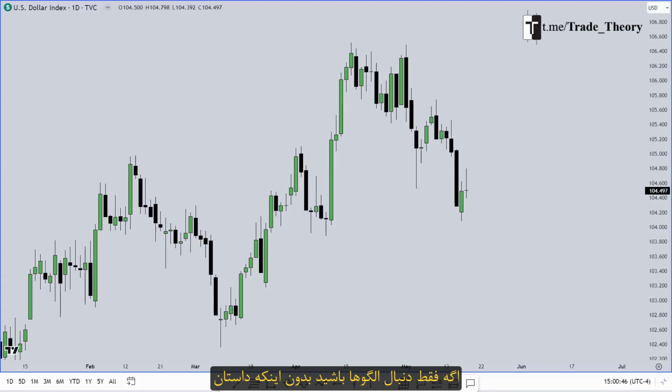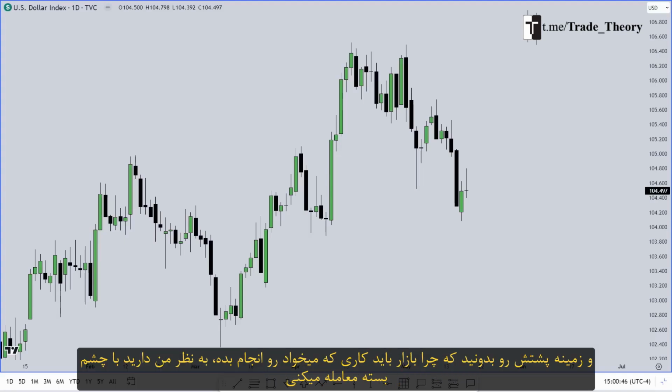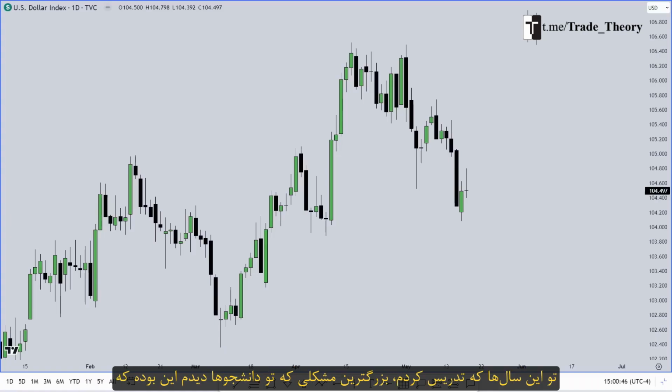And you're going to find that it's not just as easy as looking for patterns. Without narrative and context behind why the market should do what the market is going to do, in my opinion, you're trading half blind. And over the years of teaching, that is the biggest problem that I've seen with students is, why does this order block fail?